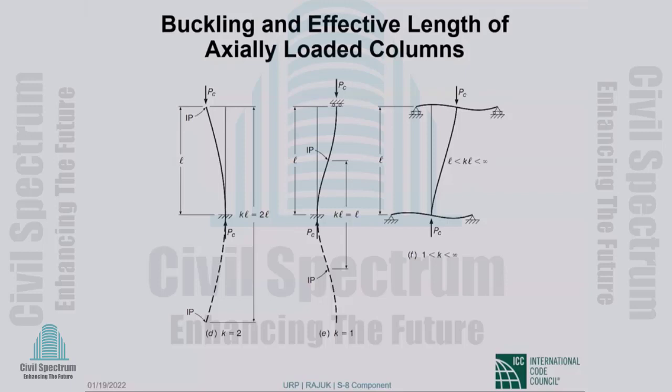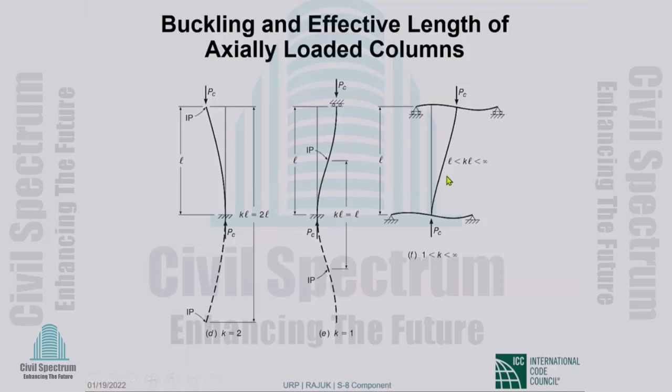Okay. So the best you can do in this situation is a K of 1. Okay. This situation, if the beams are rigid, then the rotation will be largely restrained. But since translation is possible, your K is going to be equal to 1.